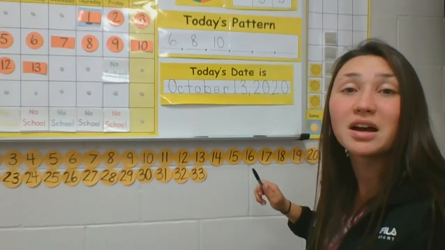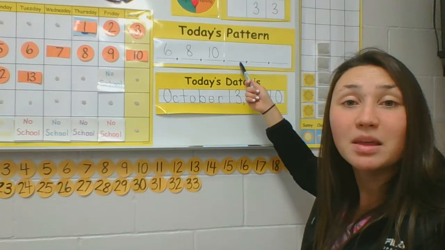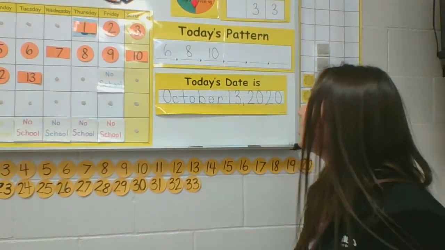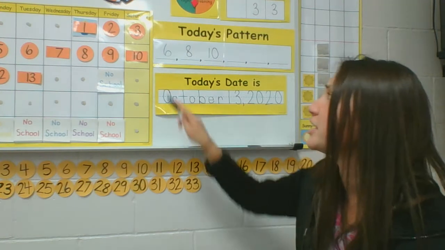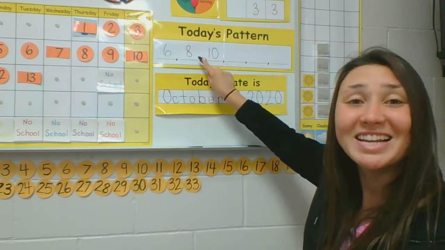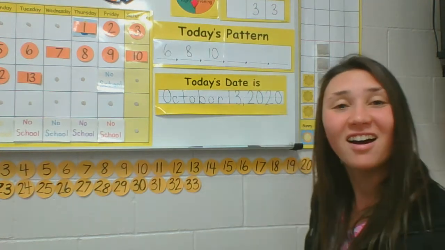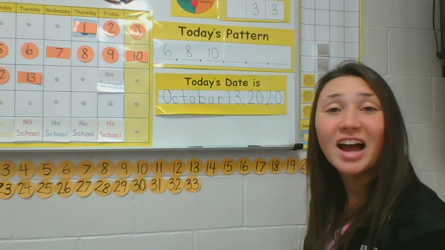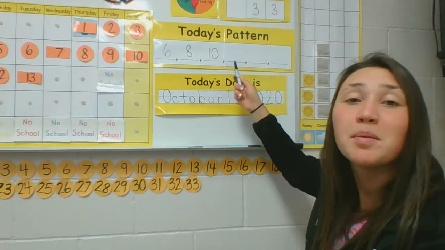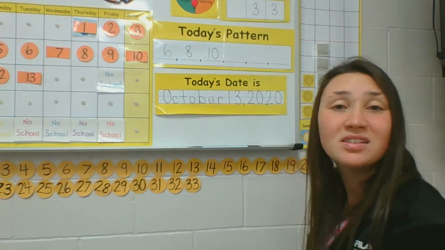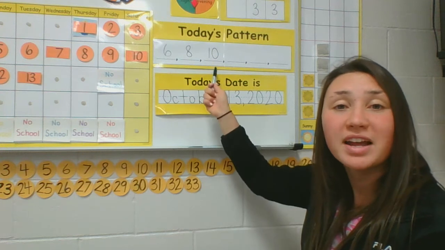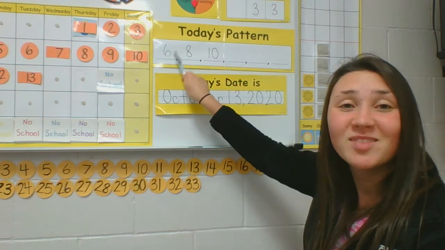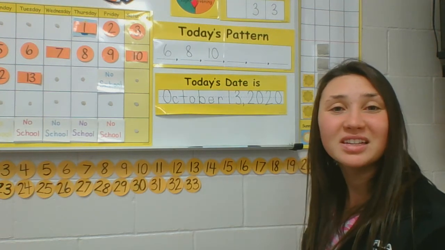So if you did date with me, go ahead and write the pattern with me too. So say the first 3 ones that we have so far. Ready? 6, 8, 10. All right. This time, what is going to come after our 10? This is going to repeat itself, right? So we go back to the beginning. Yeah, it'll be a 6, right?